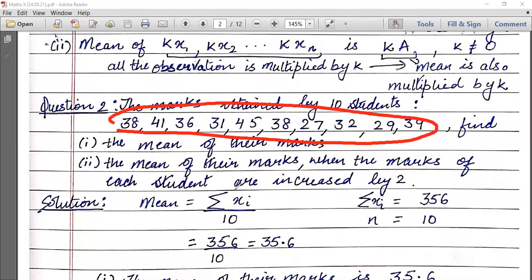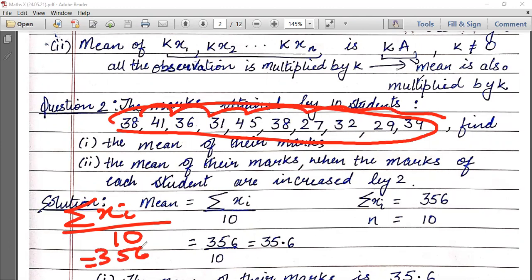You know that the mean is the sum of all the observations divided by the number of observations, that is 10. When you add all these observations, you will get 356. Divided by 10, you put the decimal and you will get 35.6. This is the mean of the 10 students.